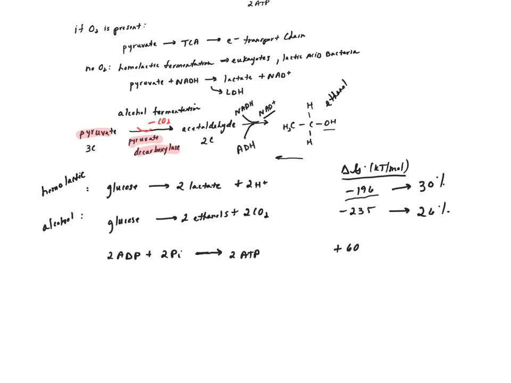So, if we look at both of these processes, no oxygen present, both lactic acid and alcohol fermentation, they waste a bunch of energy, right? What is the benefit of them overall, comparatively to some sort of oxidative process where we actually utilize an electron transport chain, we have the TCA cycle, etc.? What is the benefit of just doing glycolysis and doing fermentation? It's super fast, right?